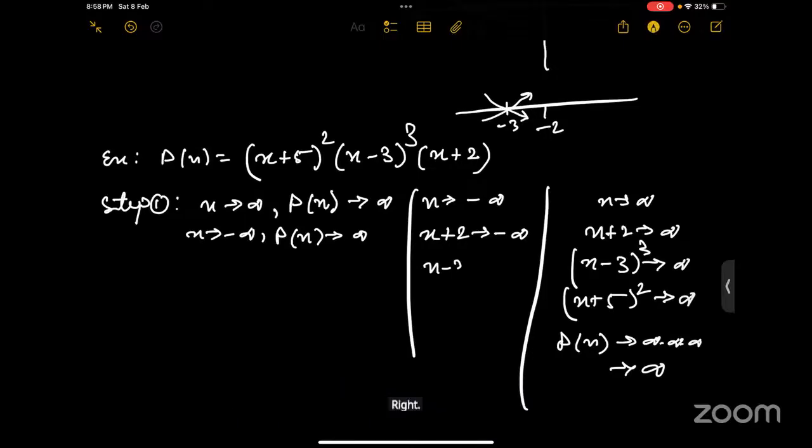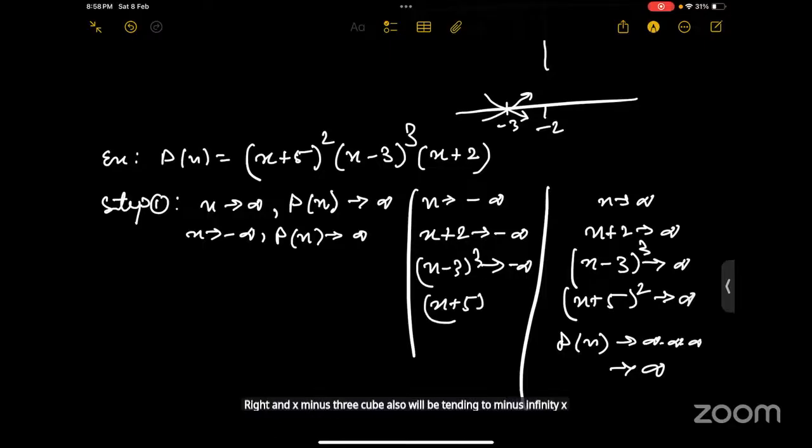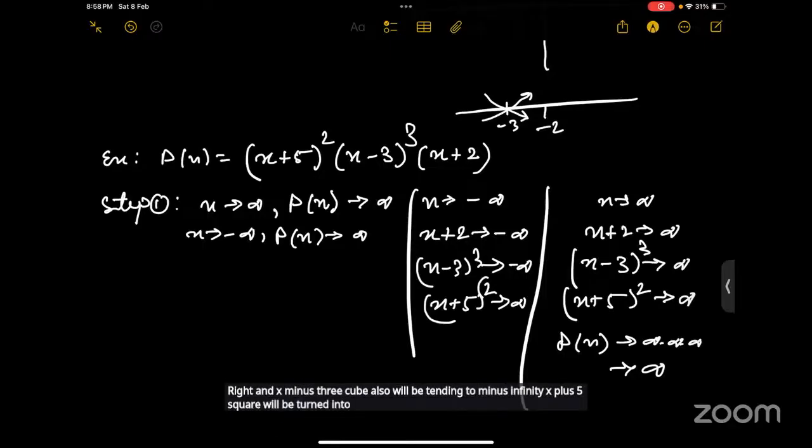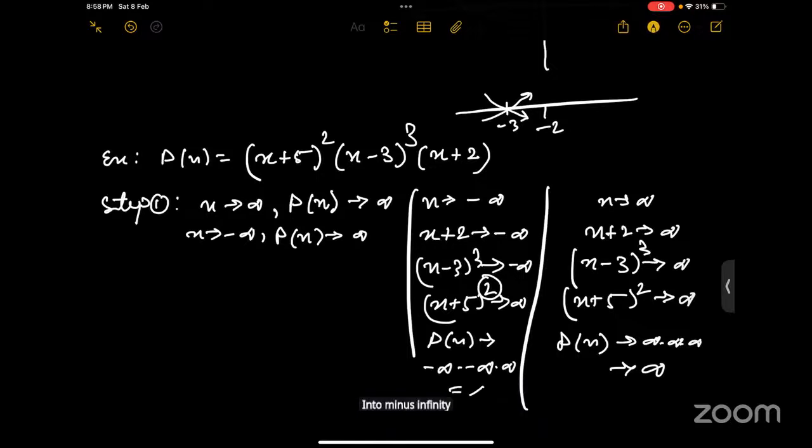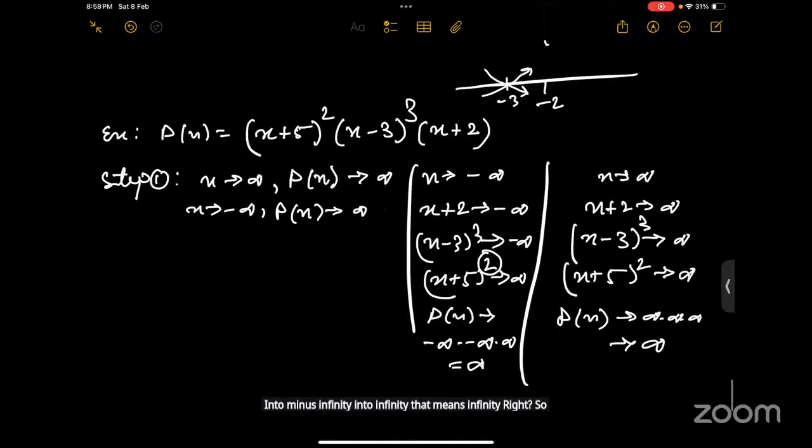And (x minus 3) cubed also will be tending to minus infinity, and (x plus 5) squared will be tending to positive infinity because of the even power, right? So P(x) will then tend to the multiplication of all these infinities: minus infinity times minus infinity times infinity, that means infinity, right? So this is how we can check the end behavior.